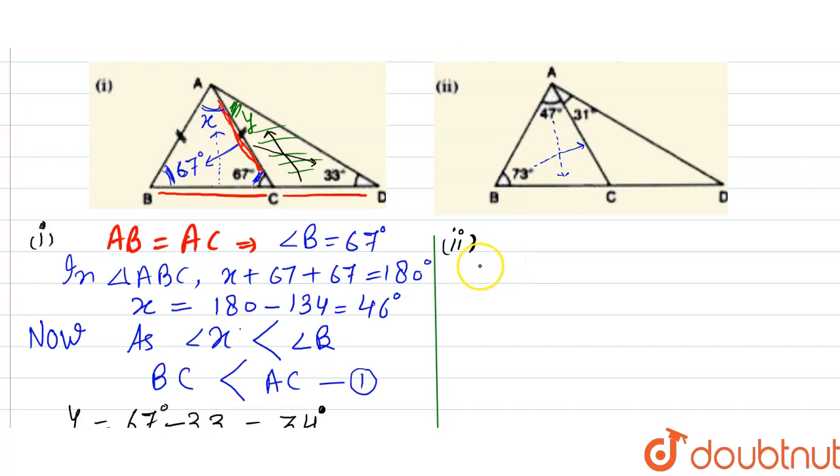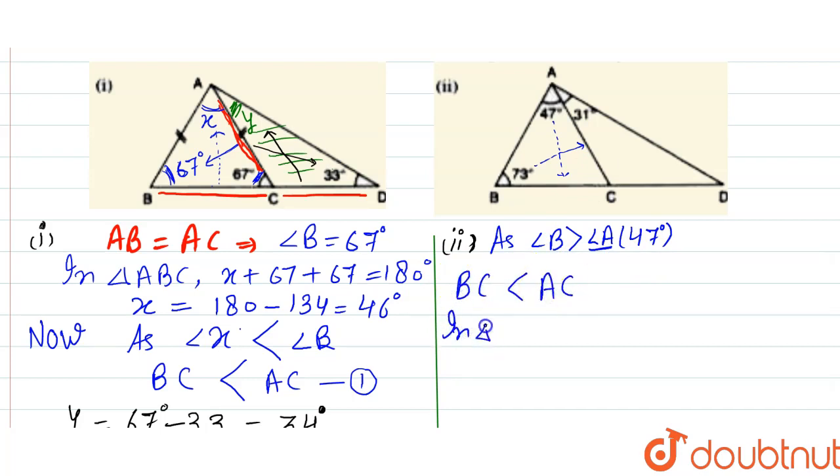So here also we can say, as angle B is greater than angle A, I am writing angle A for 47 degrees, not the complete angle A, only 47. So angle B is greater than 47. 47 is smaller, so its opposite side BC will be shorter than AC.